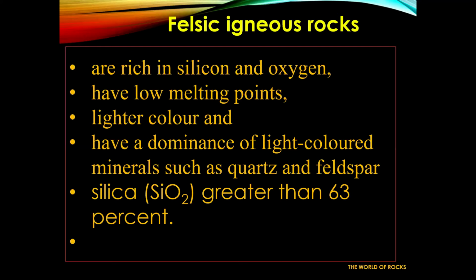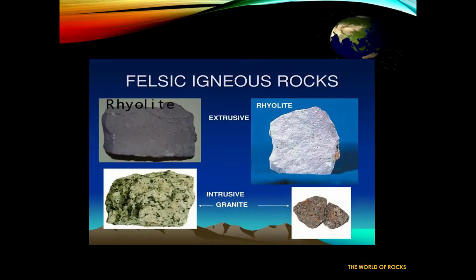Some pictures of felsic igneous rocks are given here. It's rhyolite and granite. Rhyolite is an extrusive igneous rock. Extrusive means they are formed at the surface by the solidification of lava.